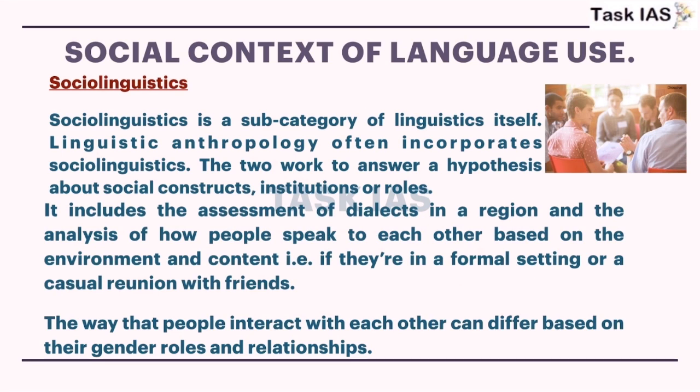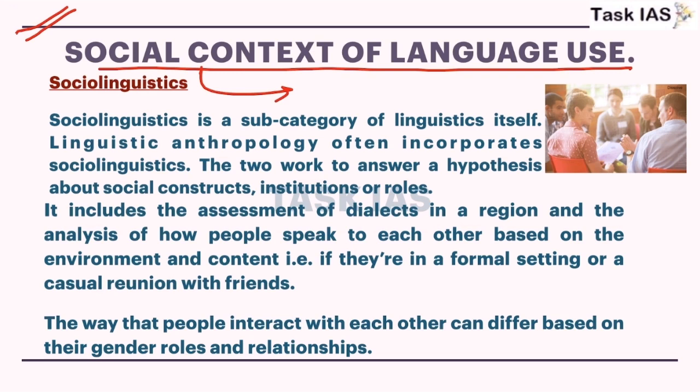Now the next topic is the social context of language use: how language use is different in different social situations, and these social situations can be different environments. For example, when someone is talking in private or in public, how our language use will be different.